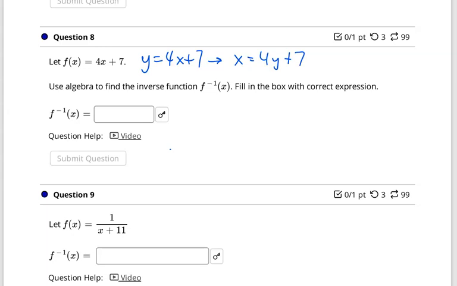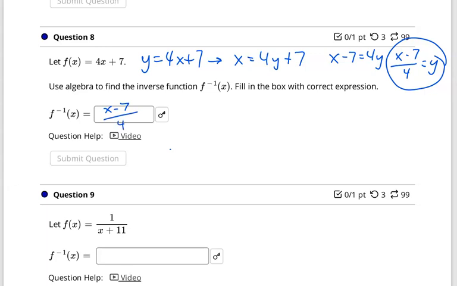Subtract 7 from both sides. I get x minus 7 equals 4y. Now divide both sides by 4 to isolate y. (x minus 7) divided by 4 equals y. That is our answer. So f inverse of x is (x minus 7) over 4.